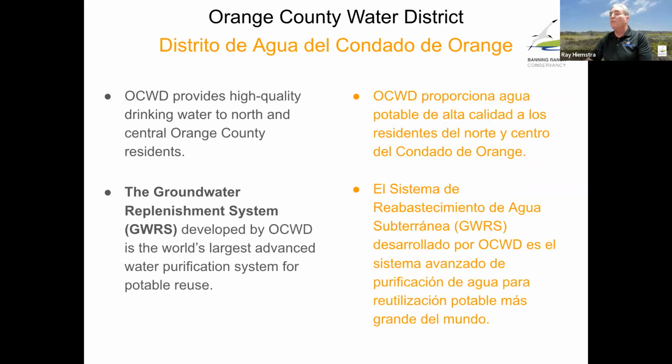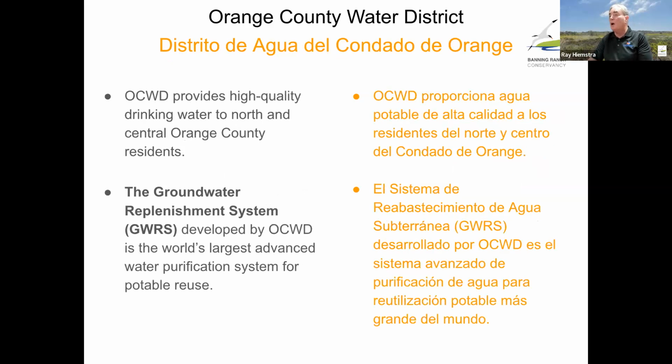So they not only manage the groundwater basin, so they make sure that it stays clean, they're testing it, and they're making sure that only clean water gets pumped out of there. But they also operate the Groundwater Replenishment System, which is the largest recycled water system in the world.